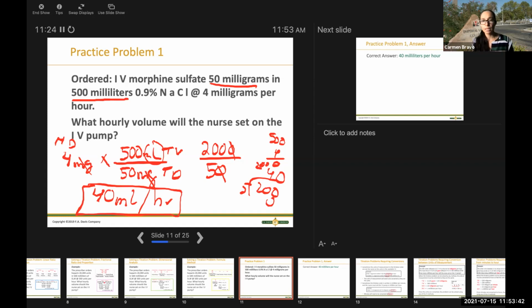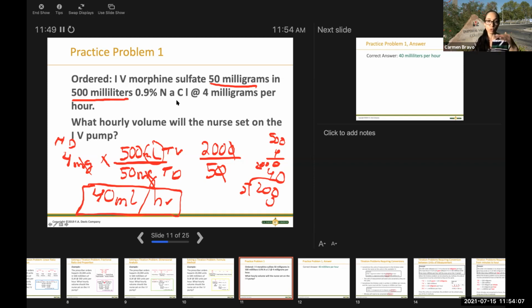When we do these types of titrations, we are normally dealing with high-risk medications. In this case, look at 50 milligrams in 500 mL, and we're giving 4 milligrams. That's still quite a bit of morphine. Traditionally you want to give 1 milligram or 2 milligrams.